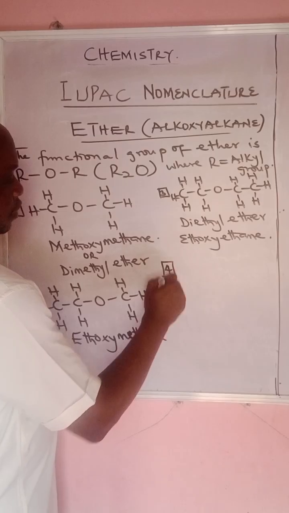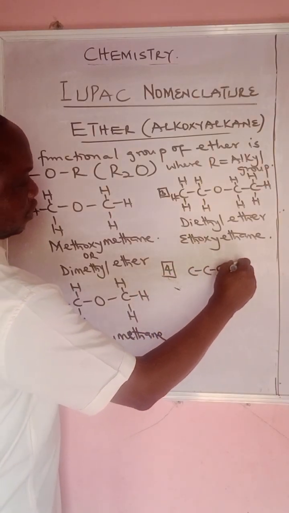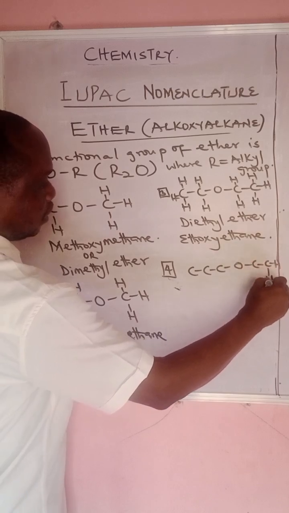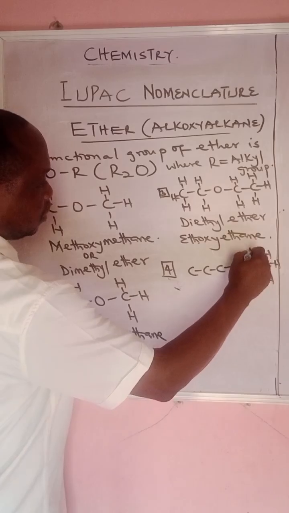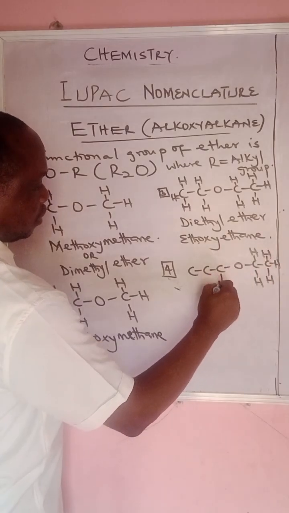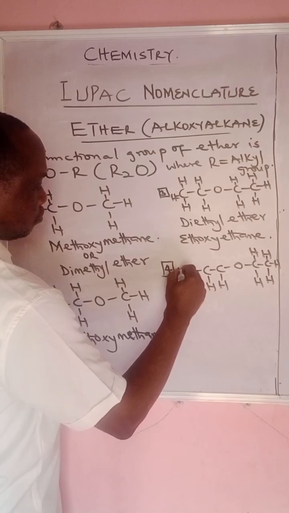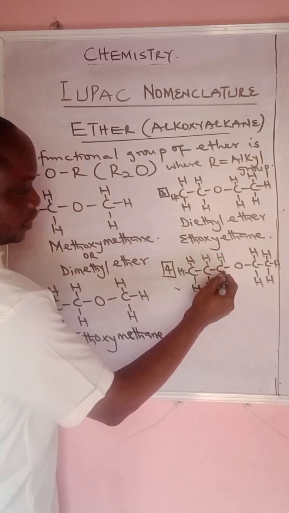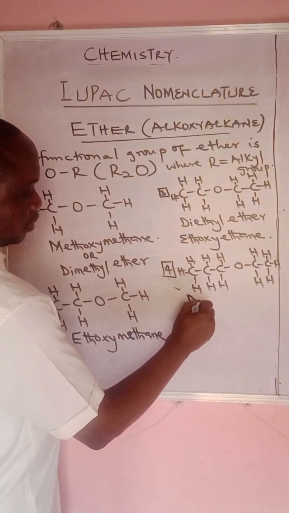That's how to name. If you have 1, 2, 3 carbons, oxygen, then 1, 2 here, with hydrogens. You can see these 3 carbon atoms, that is propyl.